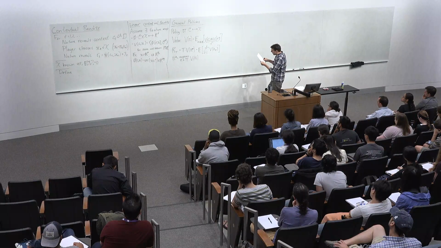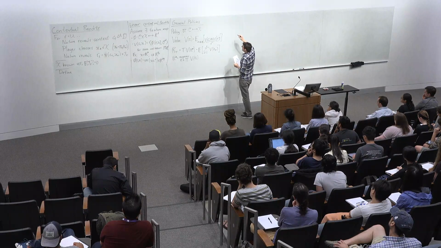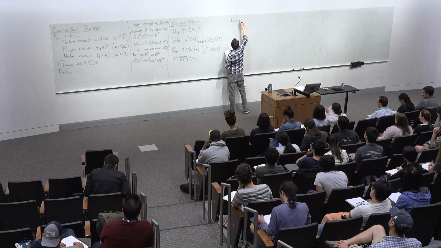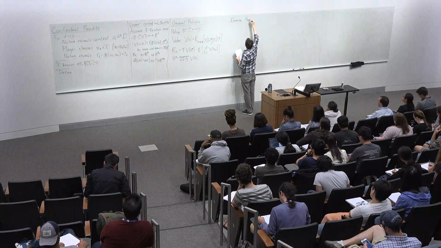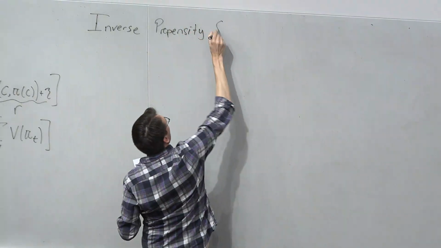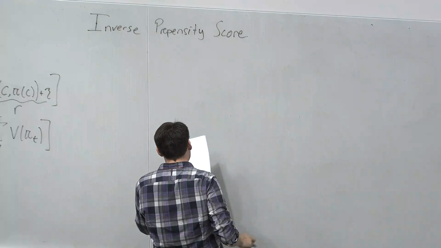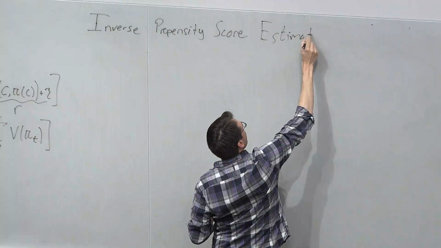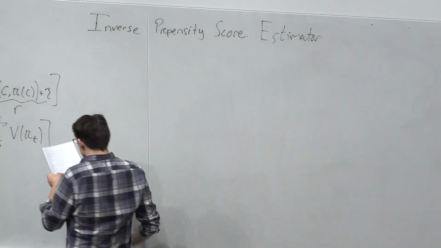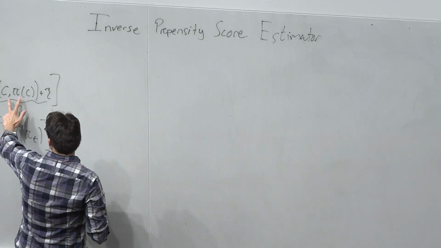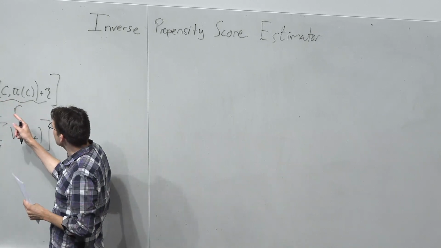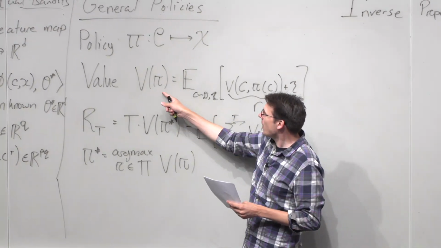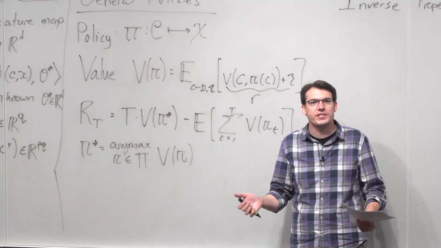So what we're going to do is define an estimator. I want to build an estimator for v of pi for every single pi, regardless of what actions I take.